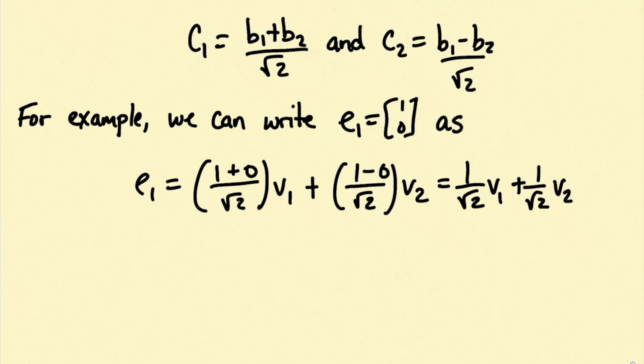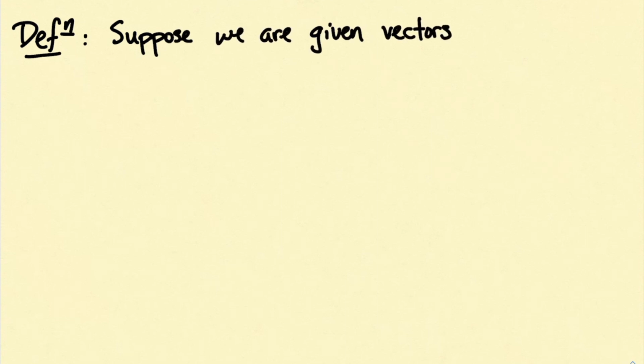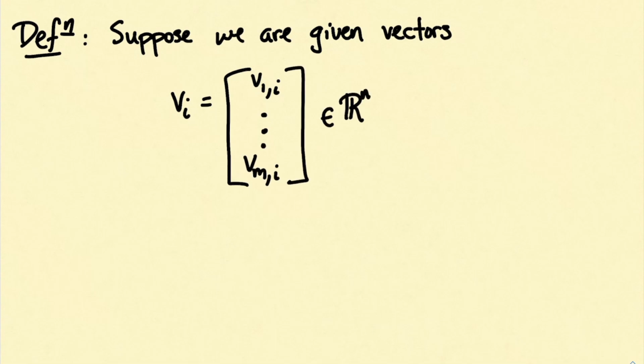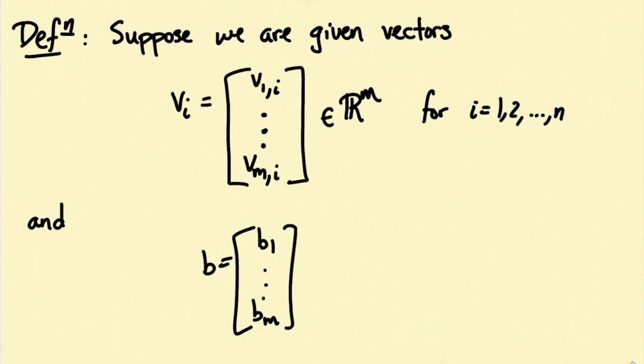Now, as before, we can generalize this example to arbitrary vectors in Rm. So suppose that we are given n vectors vi, whose coordinates are v sub 1 comma i through v sub m comma i, where i ranges between 1 and n. And we're given a vector b, whose coordinates are b1 through bm.